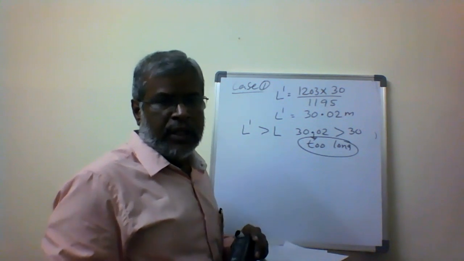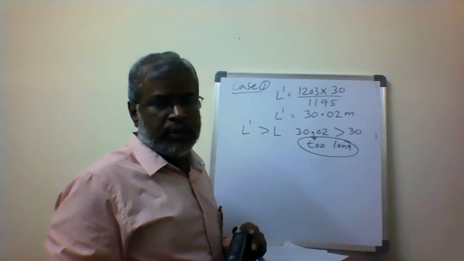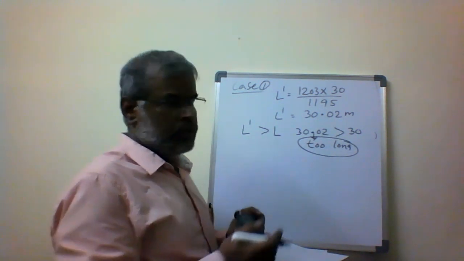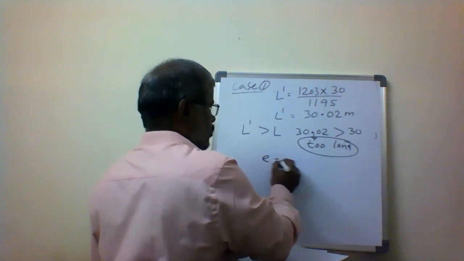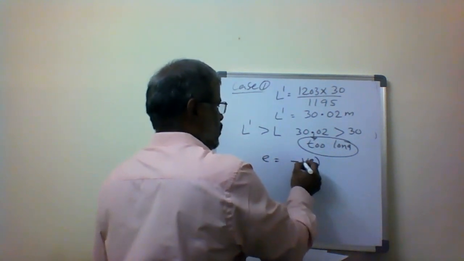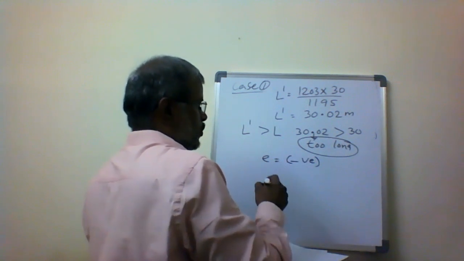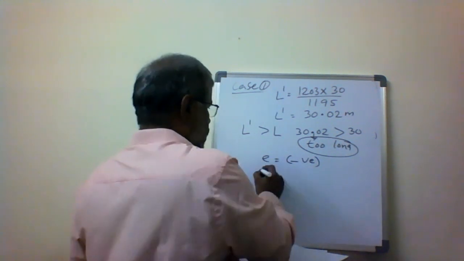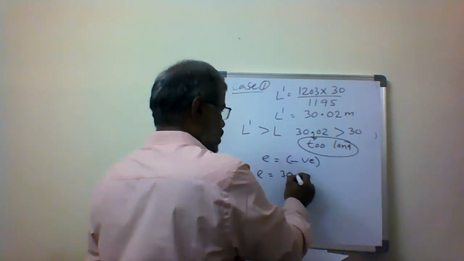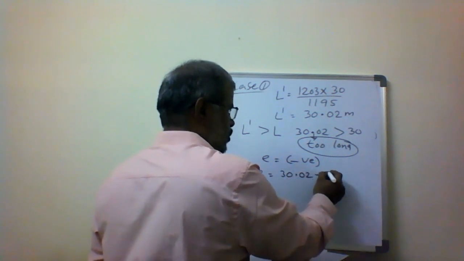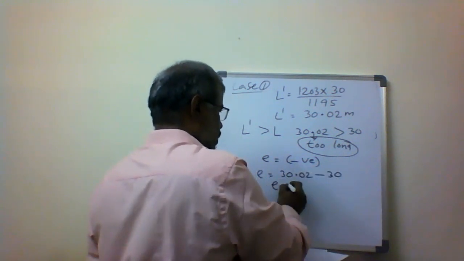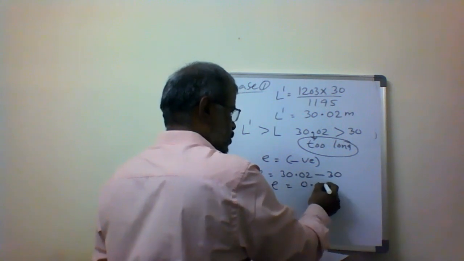Too long means error is going to be negative, correction is going to be positive. So the error is negative: error equals 30.02 minus 30, so error equals 0.02.